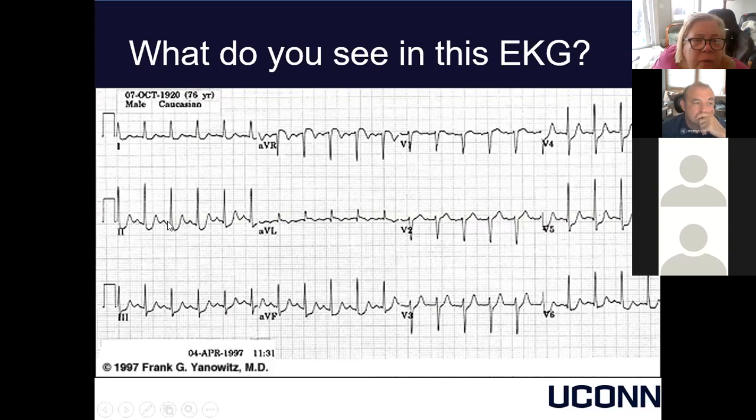We have P waves and we have a QRS for each P. We're less than 0.2 seconds on the PR interval.